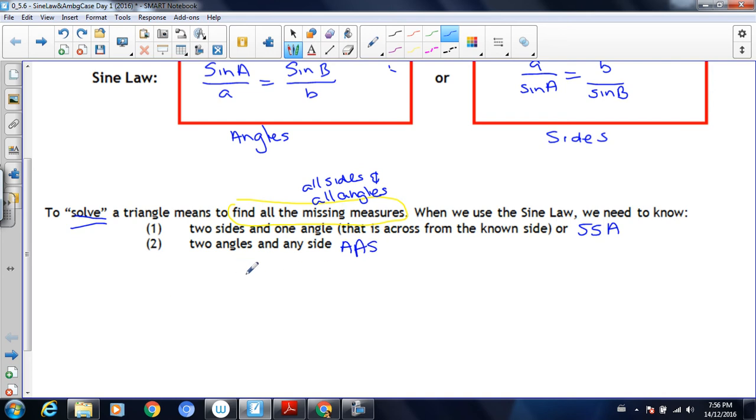What I like to say for you to recognize when you can use the sine law is, as long as you have one side angle pair. A side angle pair is when you have an angle and its opposite side, so the side directly opposite the angle. We're going to do an example of this.